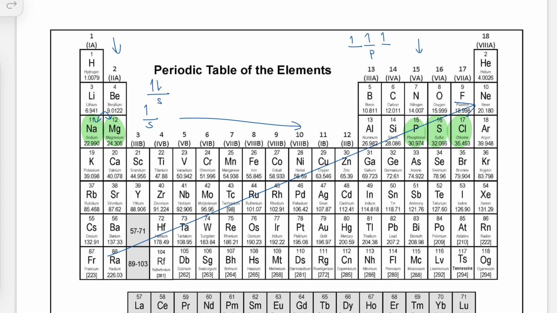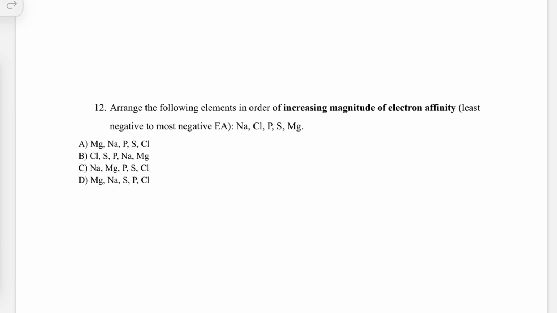So actually, on this side, we can just follow the rule as is. So our order will just be the order from left to right, except magnesium and sodium do a little switch. So magnesium is the smallest, then sodium, then phosphorus, sulfur, and then chlorine. So the answer is A.